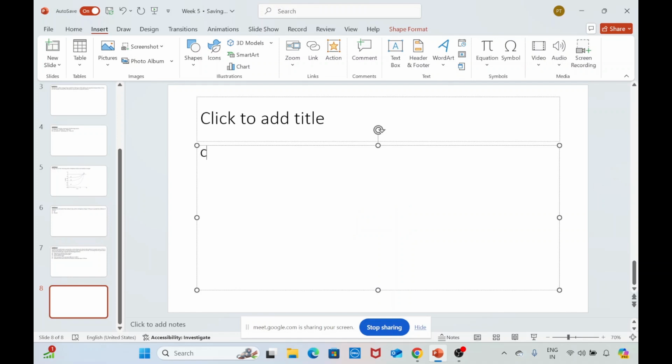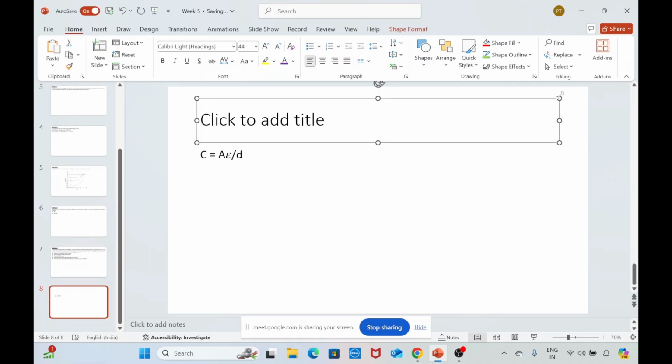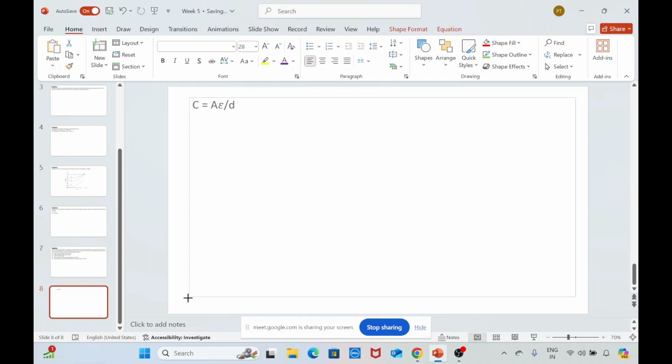Capacitance is defined as C = A epsilon by D. So this is the formula, A epsilon by D.